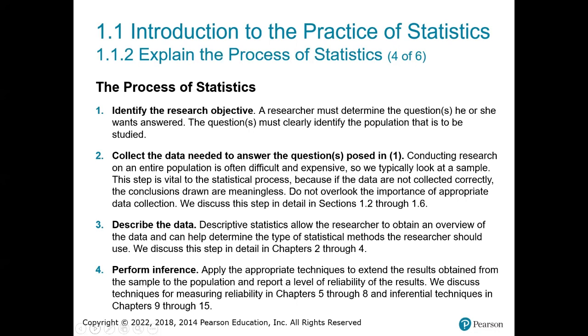All right, after you have all of your data collected, this is when the calculations start. Okay, so if you are going to do descriptive statistics, that is our chapters 2 through 4. So things like making a graph, mean, median, mode, correlation, those are things we're going to discuss there.